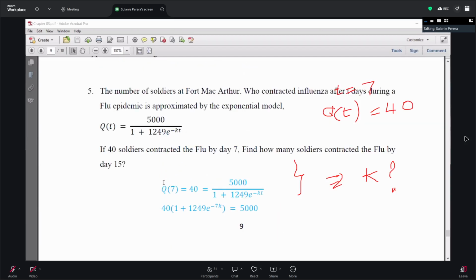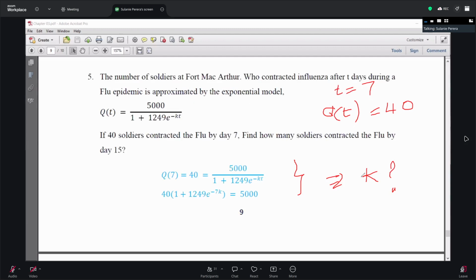Now what are they asking you to find next? How many soldiers contracted the flu by day 50? So once you know k, what's k? You all said 0.329.